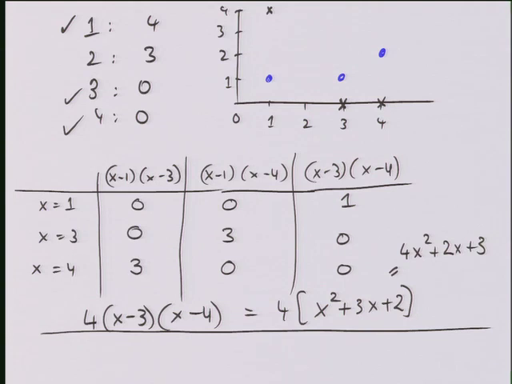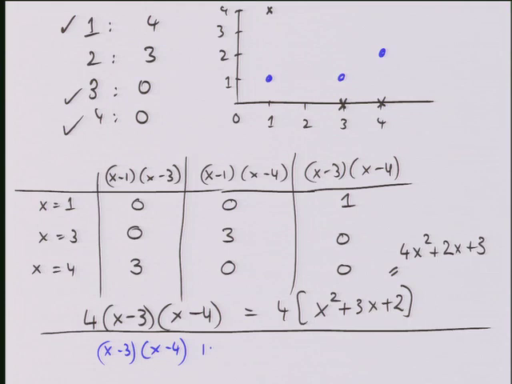To get the value 1 at 1, we can choose this polynomial, x minus 3 times x minus 4. So far we have value 1 at 1 and 0 everywhere else.